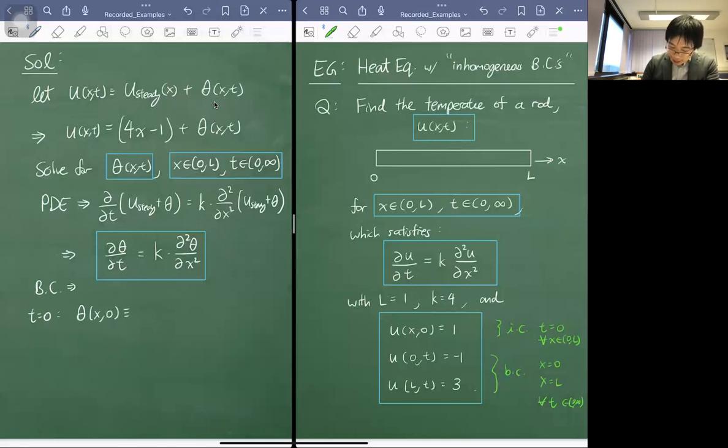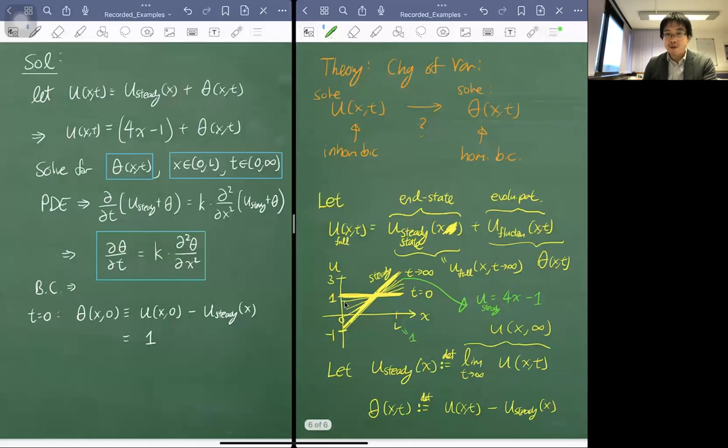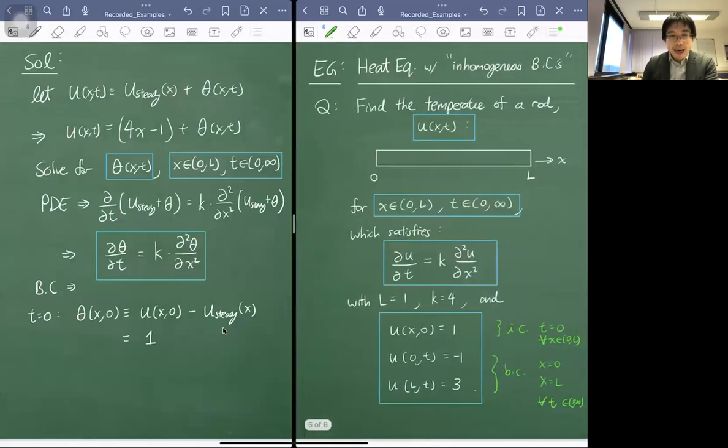That's identical to u of x, 0 minus u steady of x. Now, this is given by the question to be 1, that's the initial temperature profile of the rod, minus u steady, so minus, we just copy this, it's minus 1, what do we get? Well, x, yeah, that makes more sense. Okay, good, so that's t equals 0.